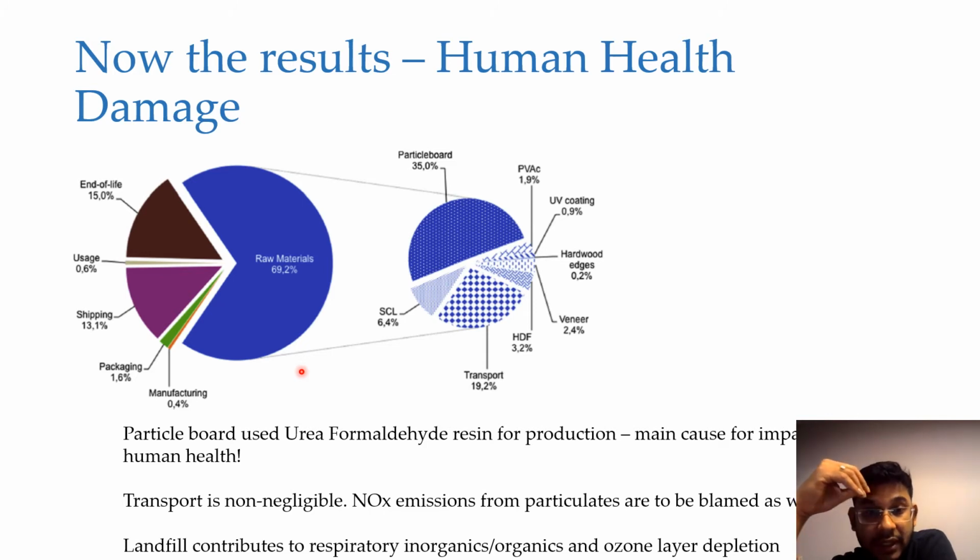It uses a urea formaldehyde resin for production. These are thermosetting resins, so they get really hardened during the curing process, and they are essential to bind different materials. In this particular case, it's the urea formaldehyde resin which has a huge impact.